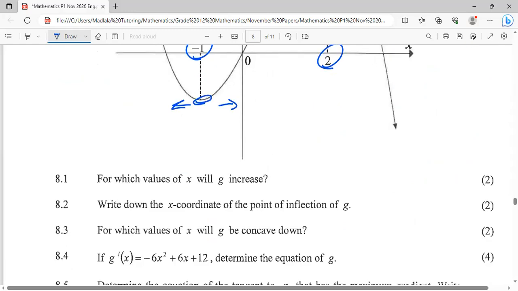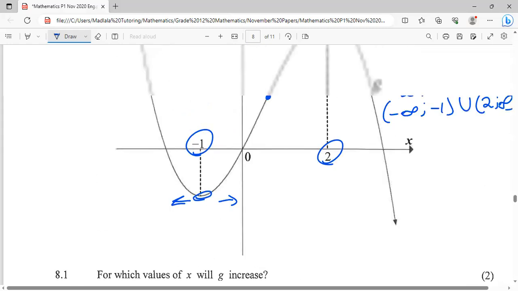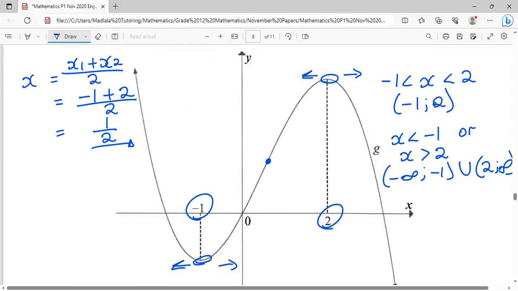That's fine. Now let's look at 8.3. It says, for which values of x will the function be concave down? So we also know at the point of inflection, it's where the function changes concavity. So for this one, which is sketched, it's going to be a point where the function changes from being concave up to being concave down.